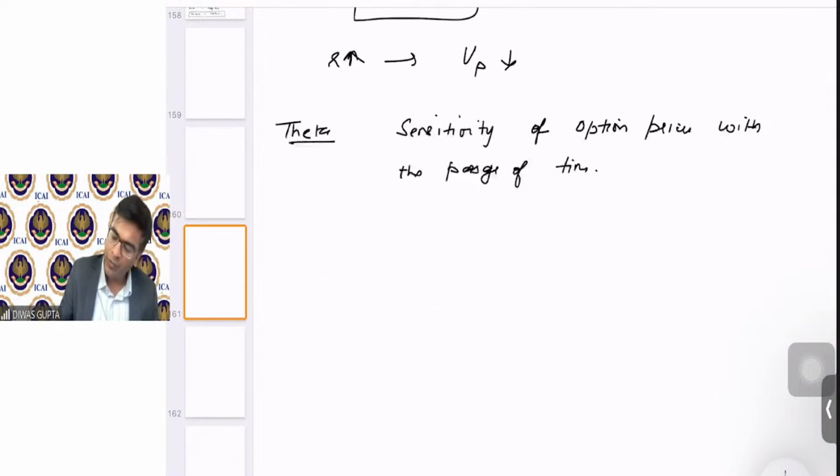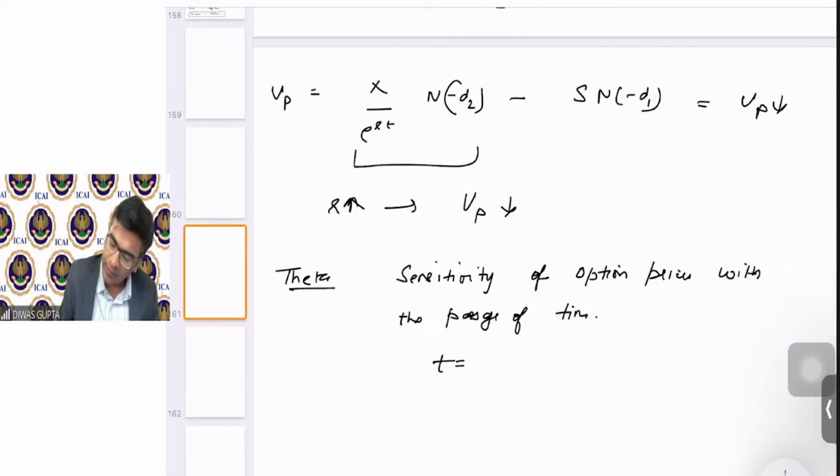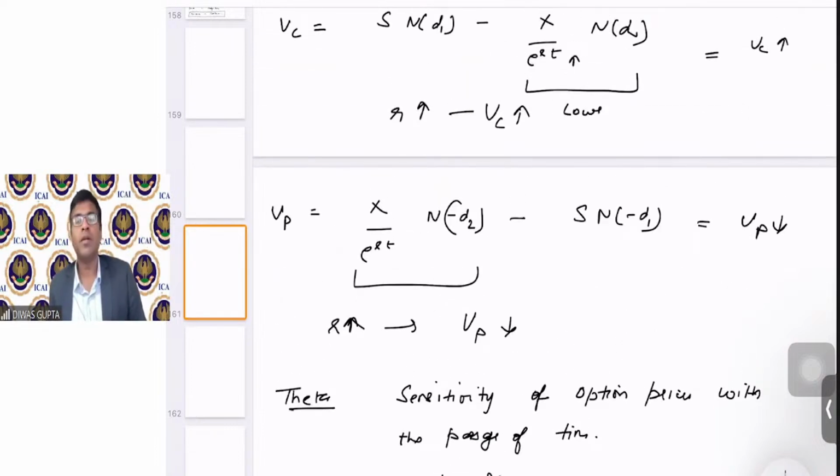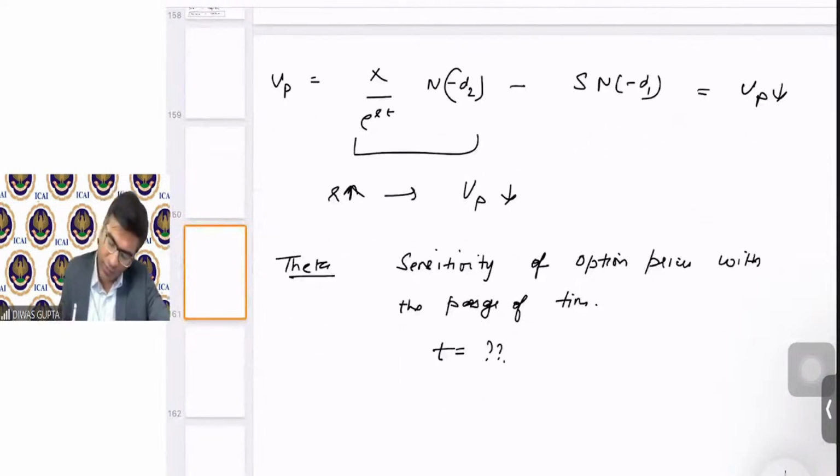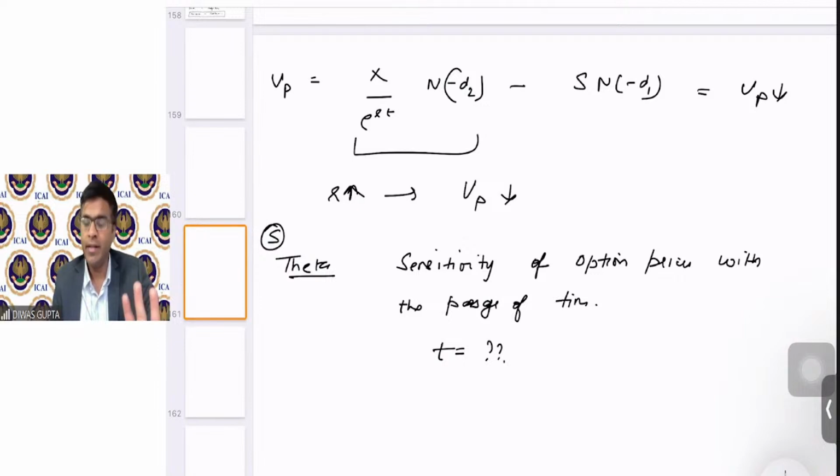Okay. So which is actually T in the equation. So if time lapses, how the option prices will move, that is given by the Greek theta. So this is the fifth Greek. Okay, so delta, gamma, vega, rho, and theta. These are the five Greeks.